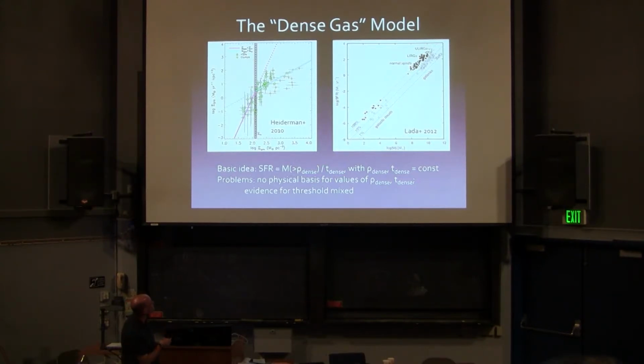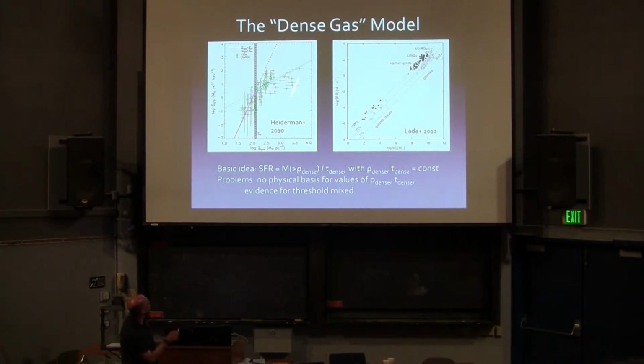And his argument is that basically the difference between a normal galaxy and a ULIRG, the difference between the Milky Way and Arp 220, is what fraction of the ISM is at or above this density threshold where star formation turns on. And I know Frédéric Bournaud has proposed similar models. So the idea is that there's this threshold where star formation turns on. What you care about is how much gas is above that threshold.